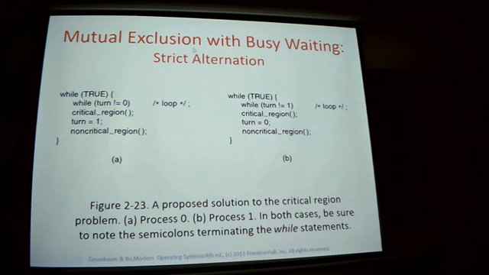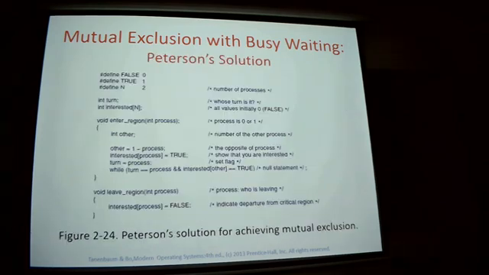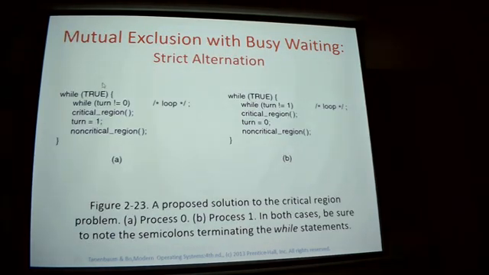For mutual exclusion, just one process is in the critical region at a time. There are also many other ways for mutual exclusion.